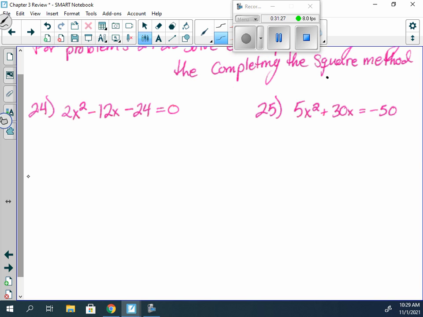Our first main step was, is A equal to 1? If not, make it so. So here we would divide everything by 5. Because what that would leave us with is x squared plus 6x plus blank is equal to negative 10 plus blank.